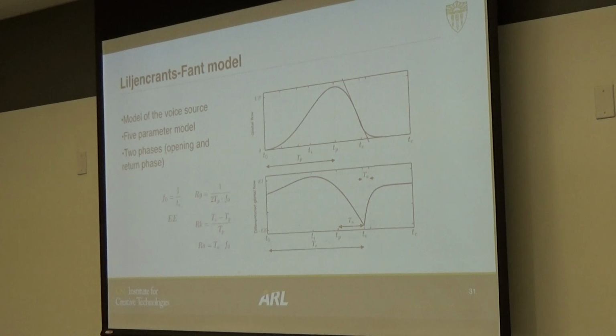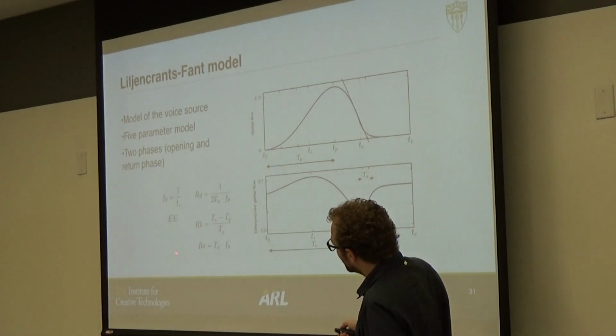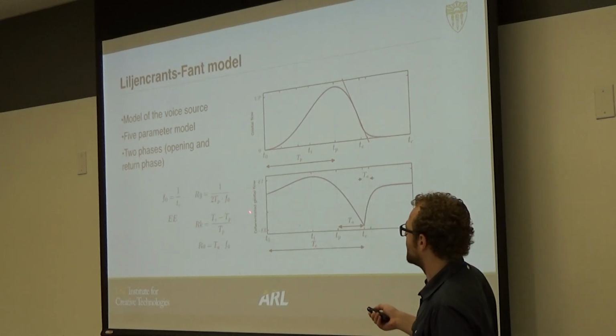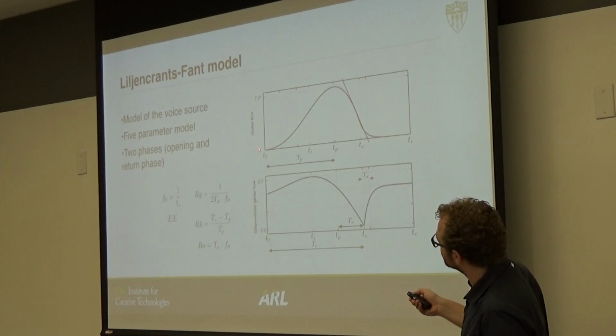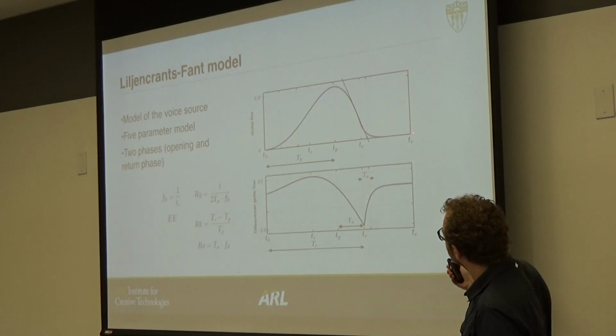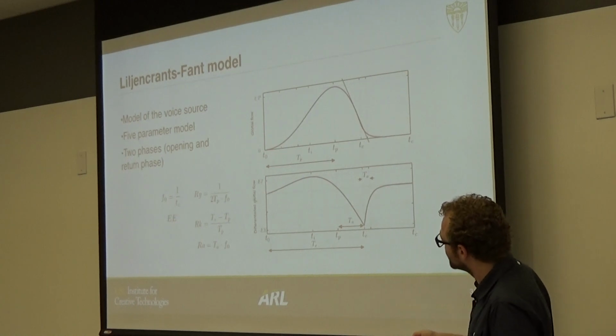A number of features that we are interested in here are the Liljencrants-Fant parameters. On the one hand, you have the fundamental frequency, which is basically 1 divided by this length here, so this is time tc and time t0, the pulse length.